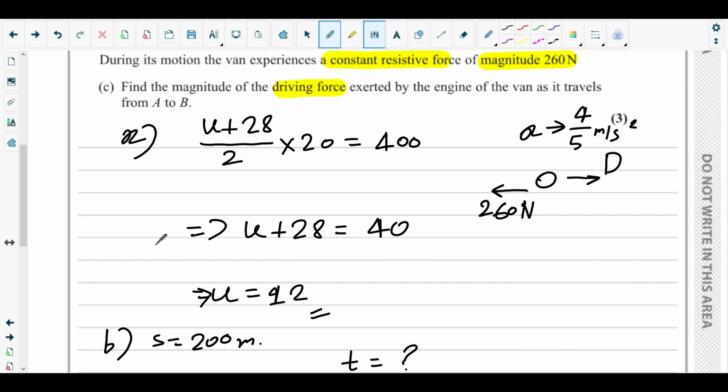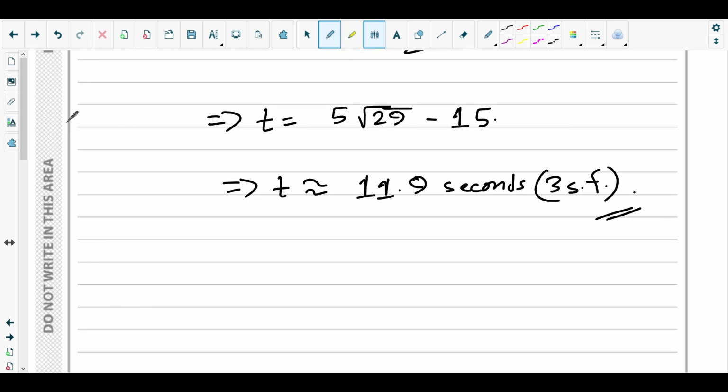For finding the driving force, what we will consider is the resultant force. Since it is in motion and accelerating, there is a resultant force acting on the body. So resultant force equals m times the acceleration. The resultant force is the vector sum of all the forces acting on the van.